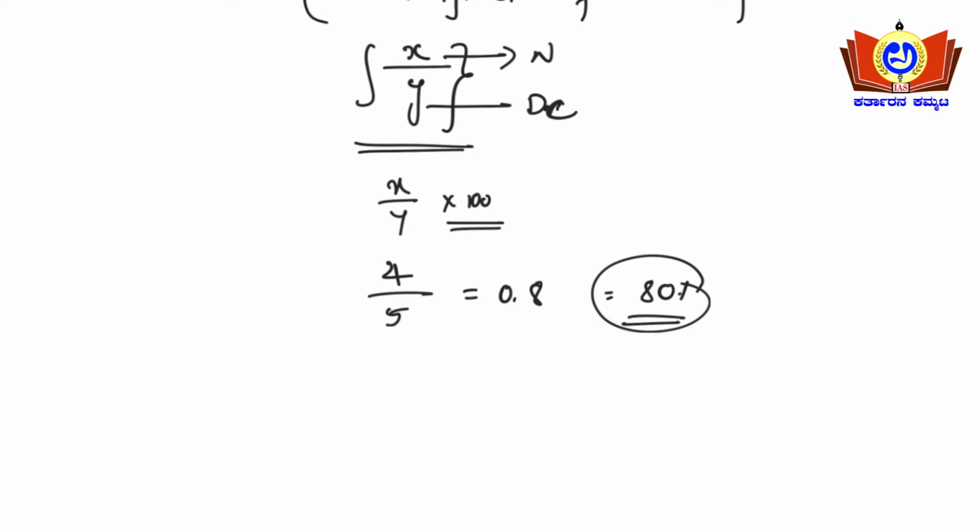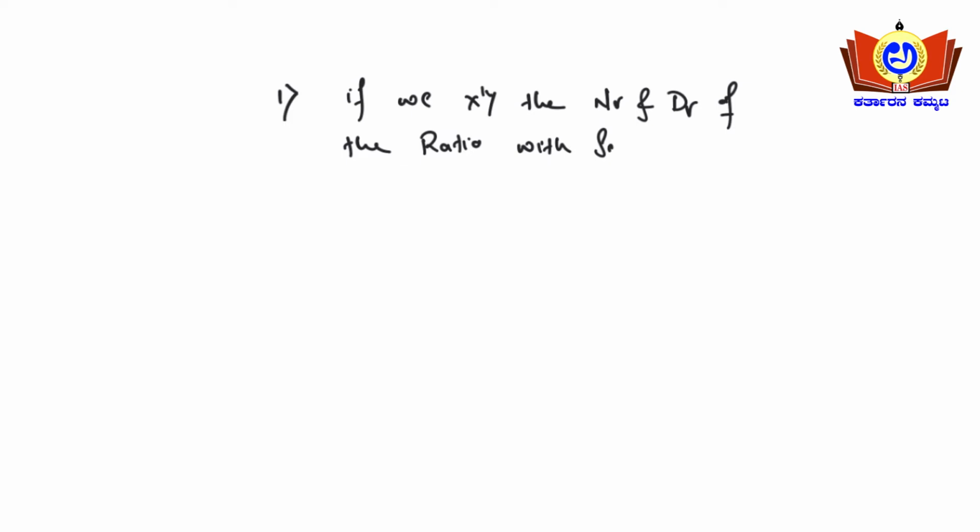In the next page, I'll be dealing with a few properties of ratio and proportion which you need to know to solve basic problems. The first property: if we multiply the numerator and denominator of a ratio by the same number, this is very important.